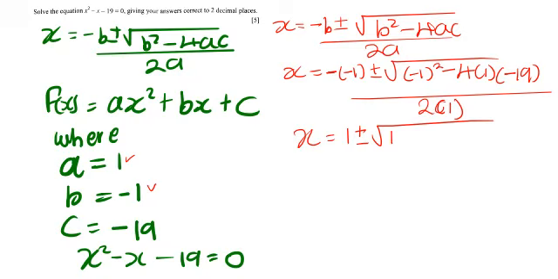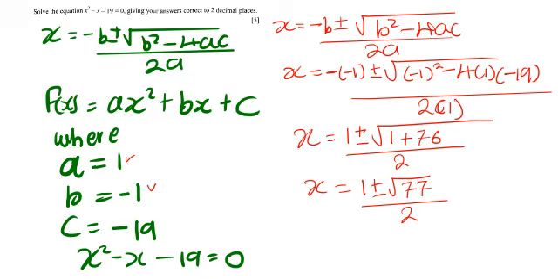You can use your calculator, you're going to get positive 76, over 2 multiplied by 1, which is just 2. Then x will be equal to 1, positive or negative, the root of 1 plus 76, which is 77, everything divided by 2. Now we have a positive and a negative there, which simply means that we need to separate this.